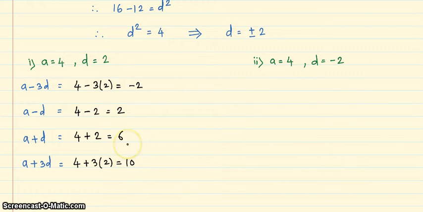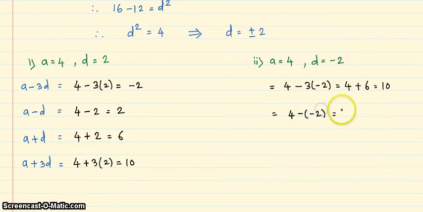Now let us see what numbers you get with a equal to 4 and d equal to minus 2. The first number is a minus 3d, so 4 minus 3 into minus 2, which is 4 plus 6, equal to 10. Second is a minus d, 4 minus of minus 2, which is 4 plus 2, equal to 6.